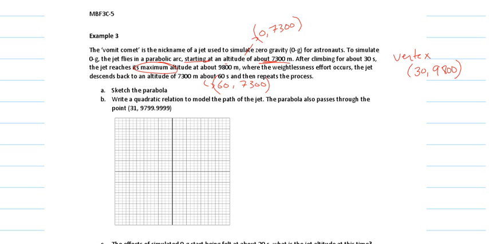Right? So the (60, 7,300) is a symmetrical point to the (0, 7,300), because they have the same y value, and they're exactly the same distance away from the axis of symmetry, which is at 30, right?